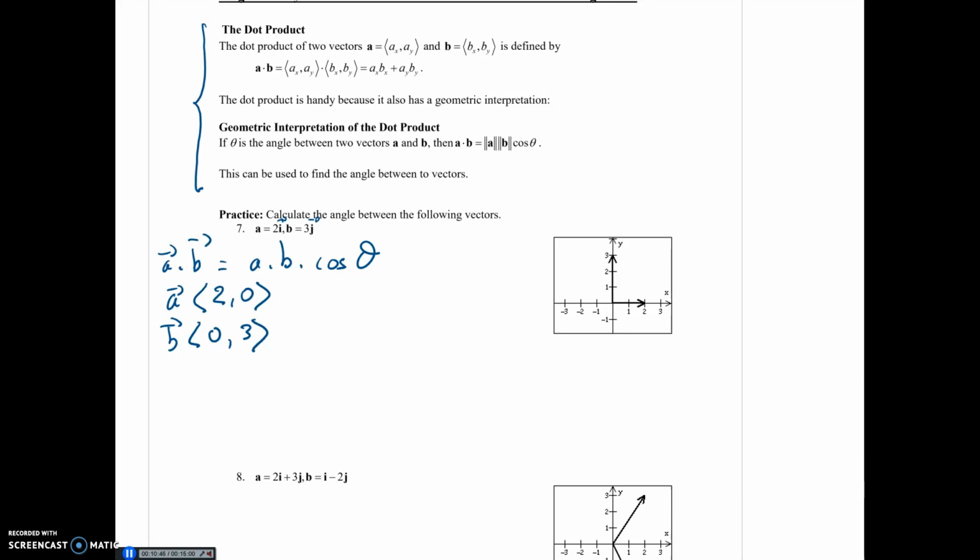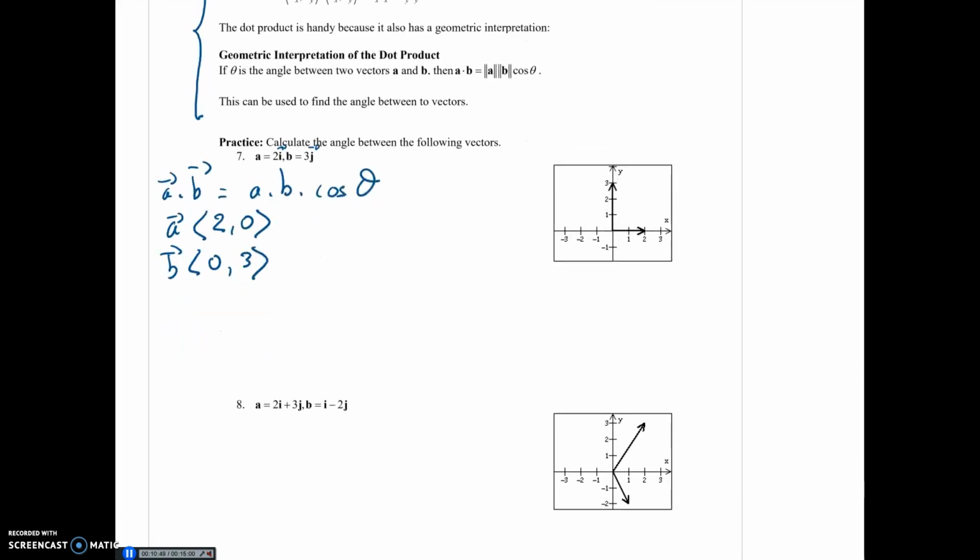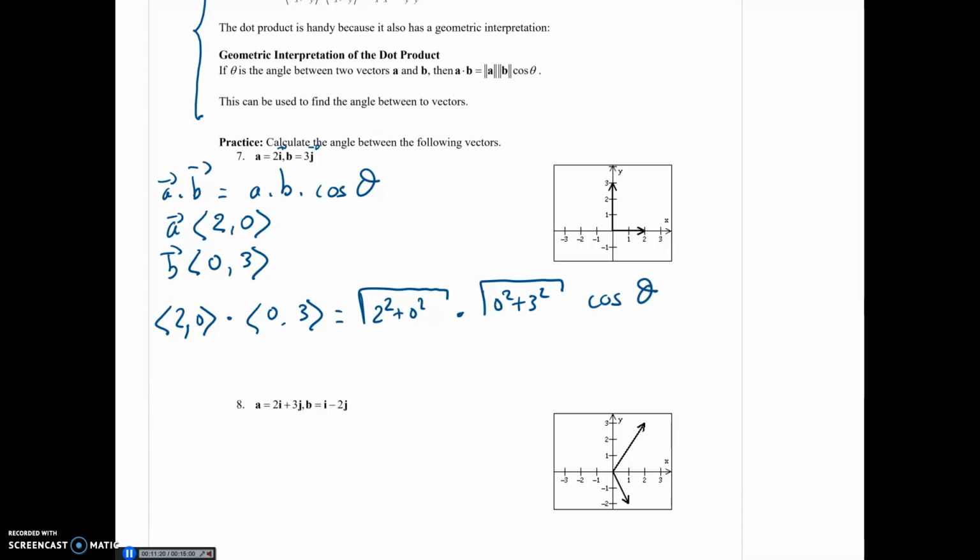I can easily work this out when I do 2, 0 multiply 0, 3. It's going to be the square root of 2 squared plus 0 squared, which is the magnitude of your vector A, multiplied by the square root of 0 squared plus 3 squared, which is the magnitude of your vector B, multiplied by the cosine of the angle theta.